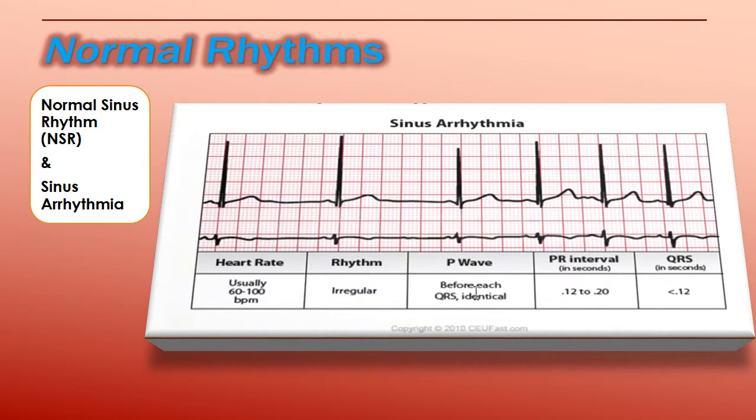We have a P wave that's constant, that's present. It's one P wave before each QRS. And we have the PR interval that meets the criteria, and we have the QRS duration that meets the criteria. The only thing that's not meeting the criteria is the irregularity of the rhythm. That's sinus arrhythmia.